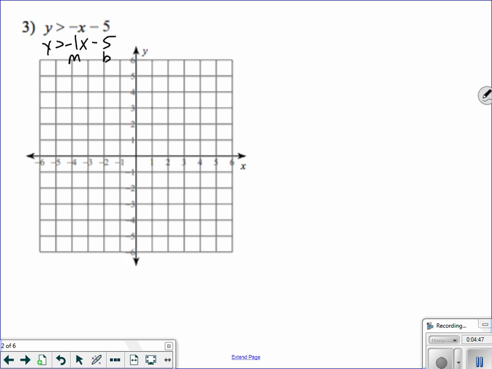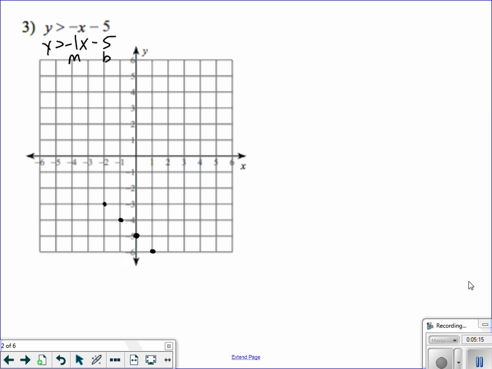So I'm going to go to negative 5 on the y-axis and make my point. My slope is negative 1, which means I have to go down 1, right 1. I have the 2 points there. Remember, you can also go up one, left one, if you'd like to make some more points. So I'll just put a couple more on there.